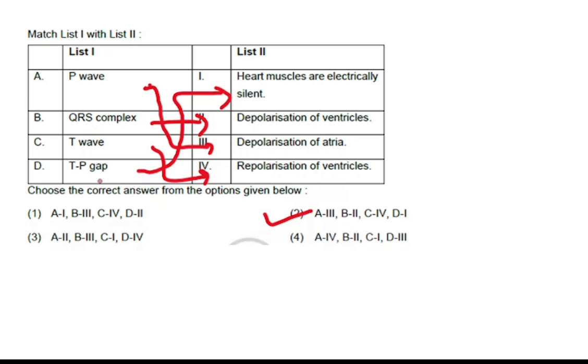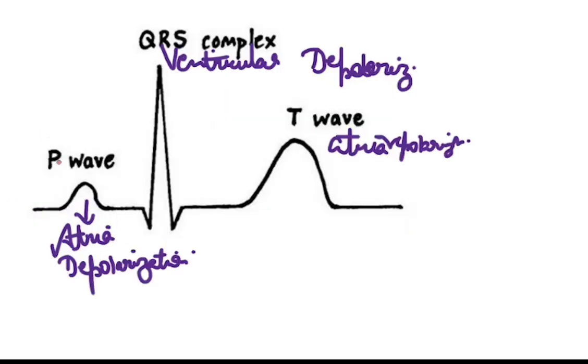Now we can see it in the diagram here. The P wave shows atrial depolarization.